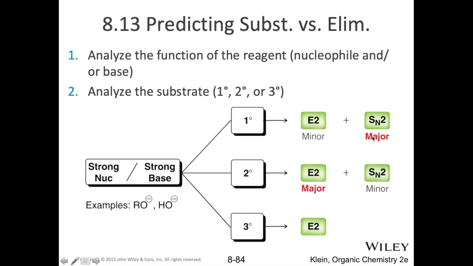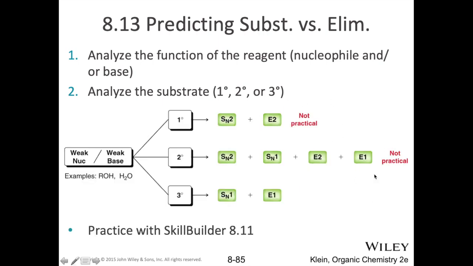Okay, so it's still practical in that you are making more of whatever you're trying to make, even though you're probably going to have a lower yield because some of it's yielding that other product that you don't want as much. The fact remains that you are at least getting the product you want as the major product.